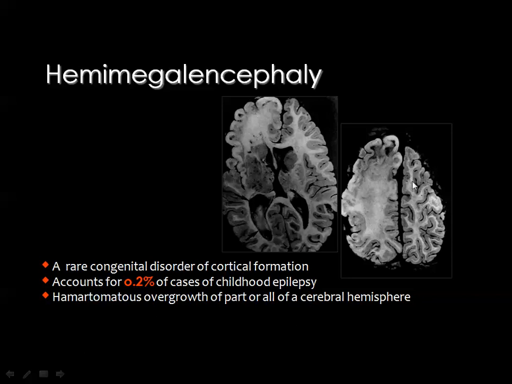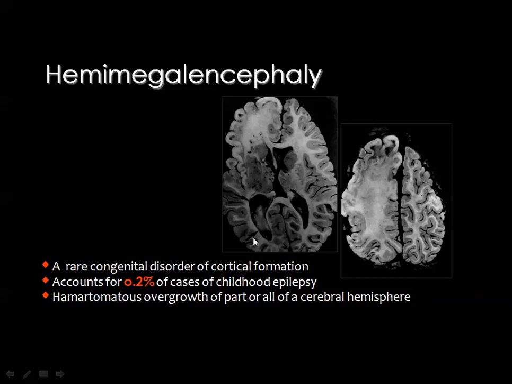And you see that this is the left cerebral hemisphere, which is good, and the right cerebral hemisphere is abnormally large, and there are abnormalities in the white matter of this hemisphere. There is thickening and broadening of the gyri. There is enlargement of the lateral ventricle of this cerebral hemisphere, and the most important sign for the diagnosis is a straightening of the frontal horn of the lateral ventricle.